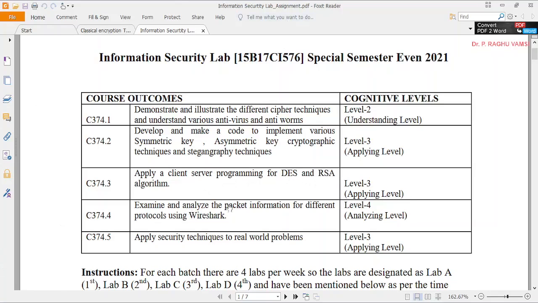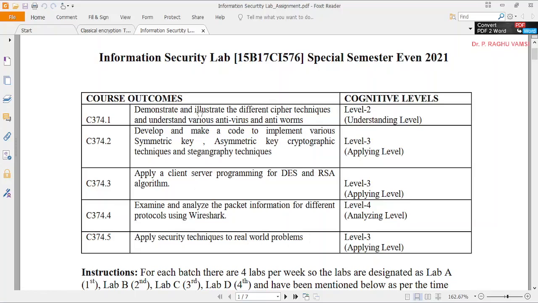Next one is to examine and analyze the packet information for different protocols using Wireshark. Anyhow, in the computer networks and IoT lab also, you might have done this particular work. Next one is to apply security techniques to real world problems.